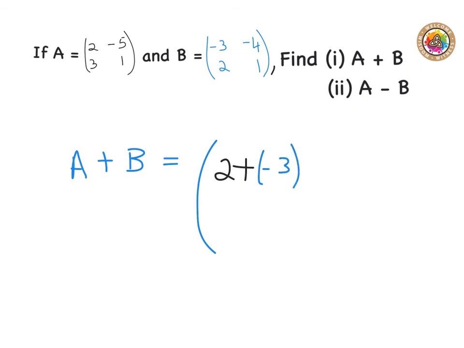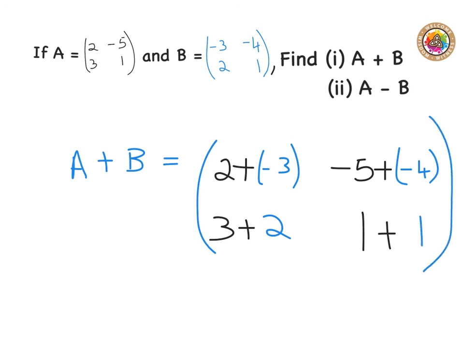Here I have minus 5 plus, and it's minus 4. Here I have 3 plus, and it is 2, its corresponding element. And here lastly I have 1 plus, and its corresponding element is also 1.